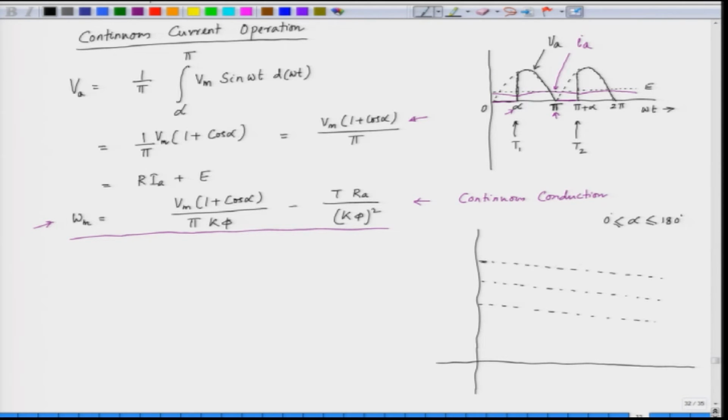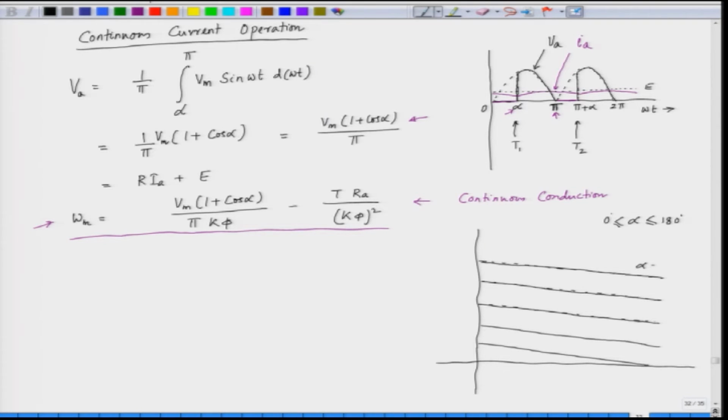Let us say this is the first one, then we have the second value of alpha, the third value of alpha, and continue like this.